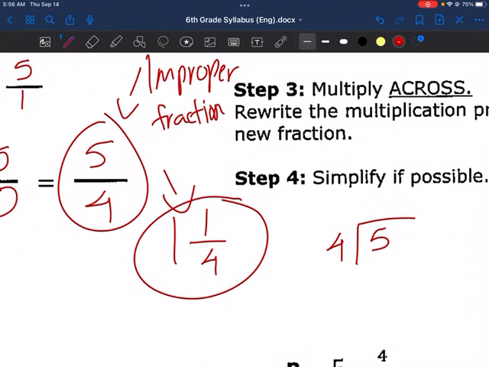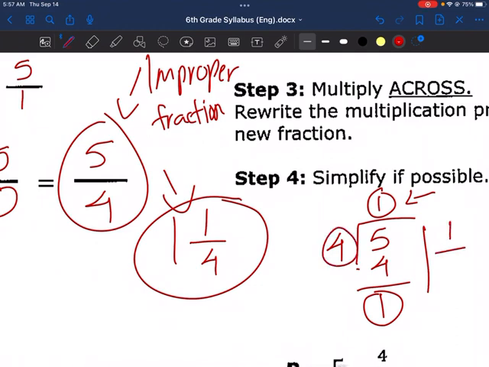So your whole number is 1. This is the remaining, the numerator, and my denominator stays the same. So, all you got to do is divide. But for now, let's keep it improper. At another time, we'll go over this. Okay? So let's just multiply, and that's it.